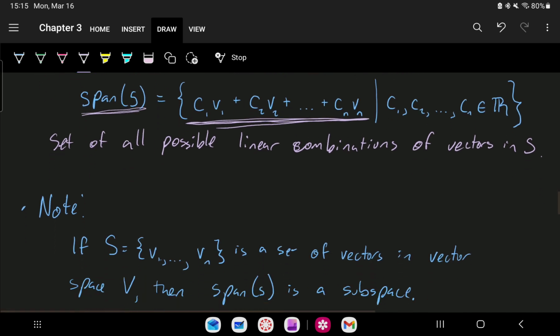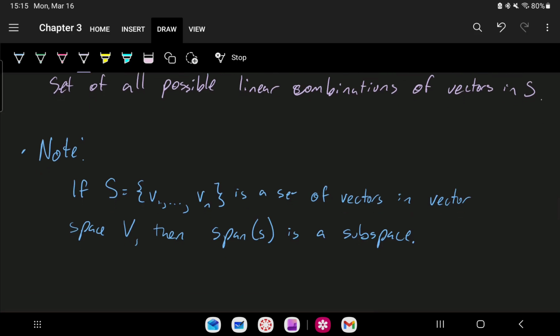If you remember when we covered linear combinations, this is pretty much exactly the type of notation that we used, right? And going back to what we were just talking about subspaces, it can be taken as a true known fact that if S is a set of vectors in vector space V, then span of S is inherently a subspace. And this is true. We're not going to go through the whole proof, but essentially you can anchor yourself in the idea that a span of any set is a subspace because every subspace can be written as the span of some set, right?